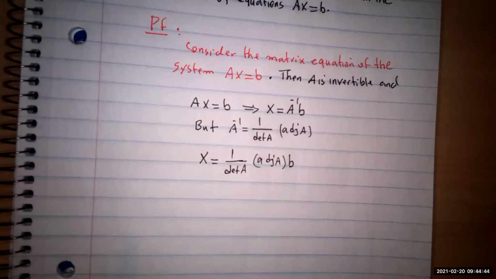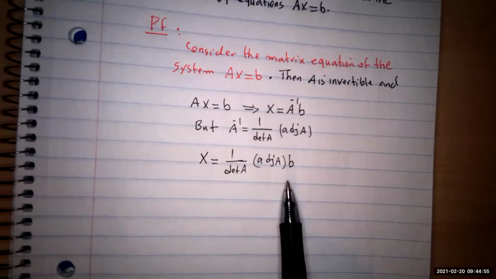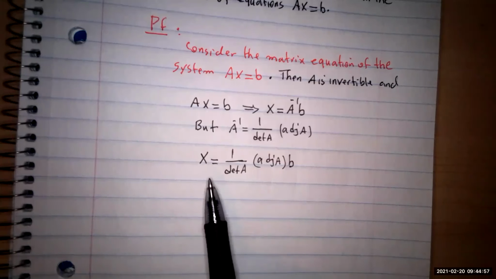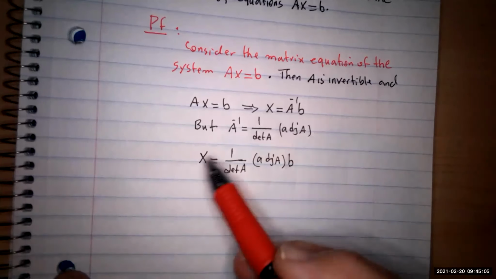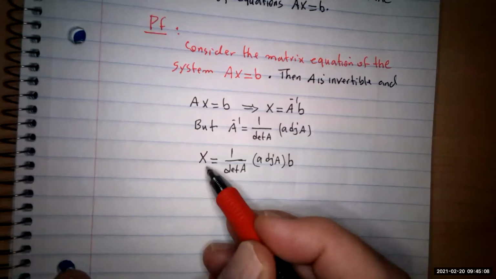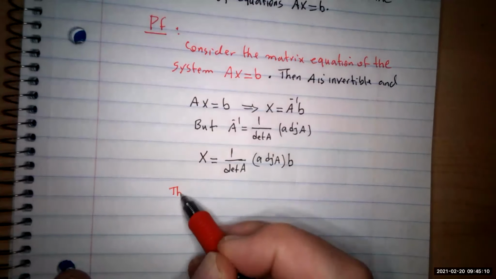Now remember, the adjoint matrix is the transpose of the cofactor matrix, and B is just a column matrix. X is an n by 1 matrix.